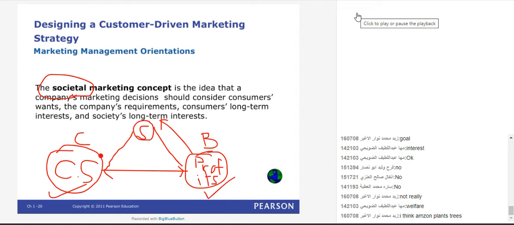The vaccines Pampers provides for every pack go to children who are in need. Okay, what else? This is called the social marketing concept. For example, McDonald's is not using plastic bags anymore. They are using paper bags. Why? For the welfare of the society.